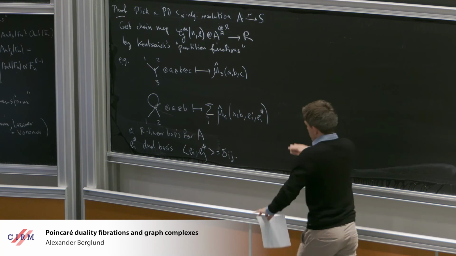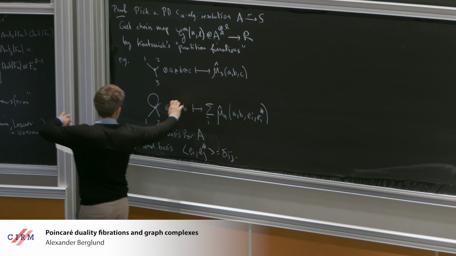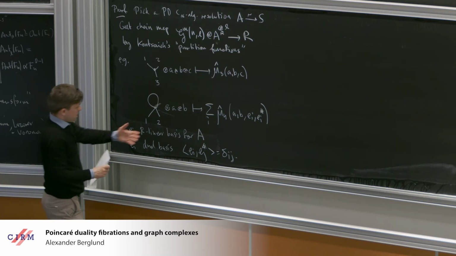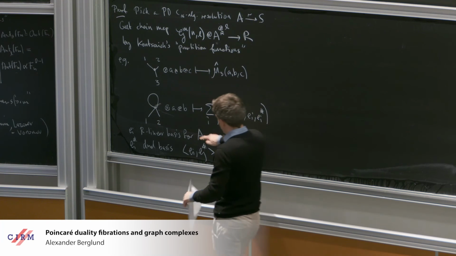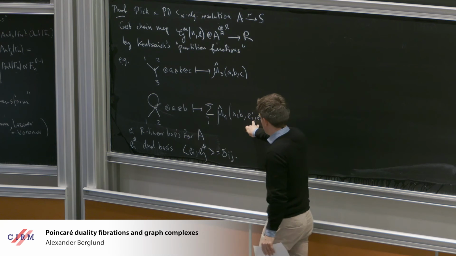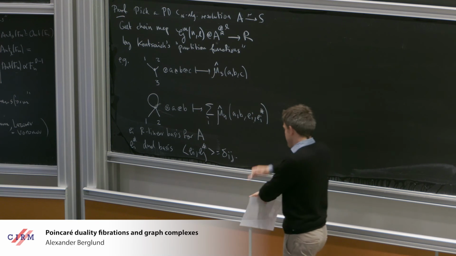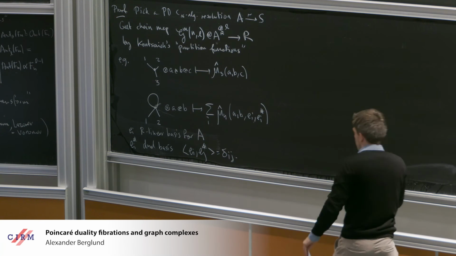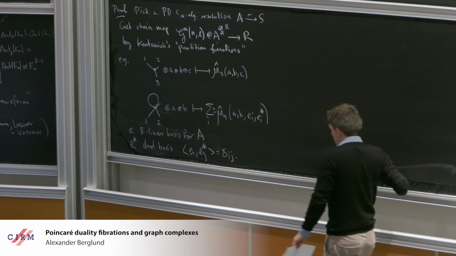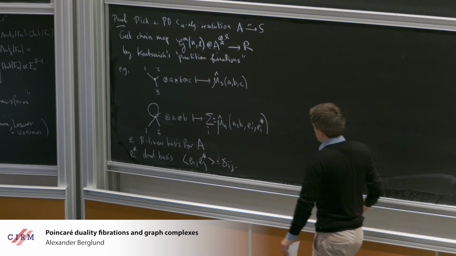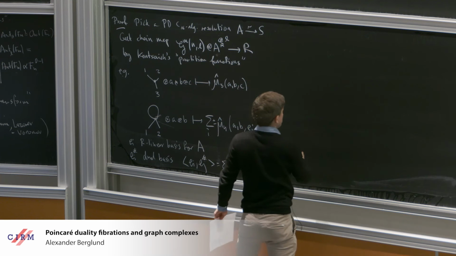And then you can imagine doing graphs with several vertices. You write down similar expressions and multiply the contributions for each vertex, and every time you see an edge, you plug in this co-evaluation, so you will have lots of indices running. But there's a general formula, and I hope you get the idea. And this actually defines a chain map here.